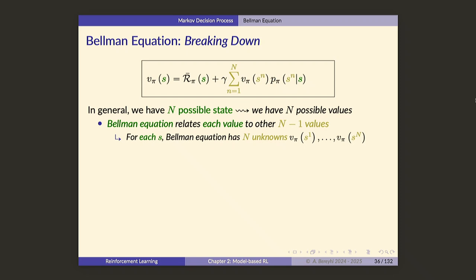So say I have 4 different states, right? If I have 4 different states, it means that I could have S1, S2, S3, S4, right? These are possible states.